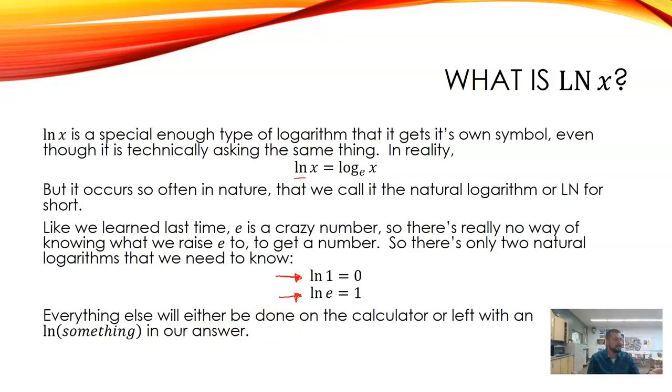Anything else, you either just leave it, like the ln of 5, or you'll have to put it into the calculator if it's on the calculator active section of the test. But by and large, with ln's, we just look at them and say, okay, I'm going to have to do something with it rather than just evaluate it.